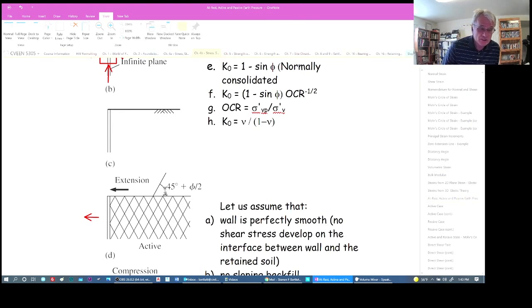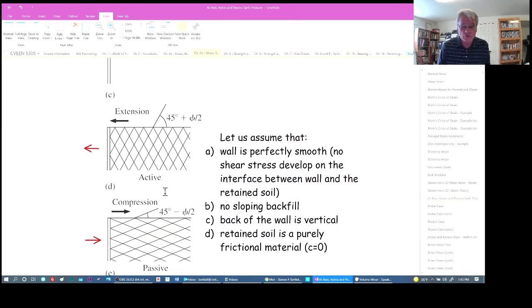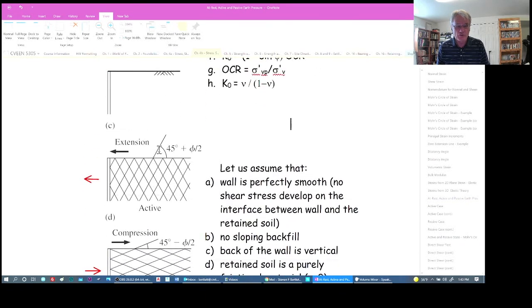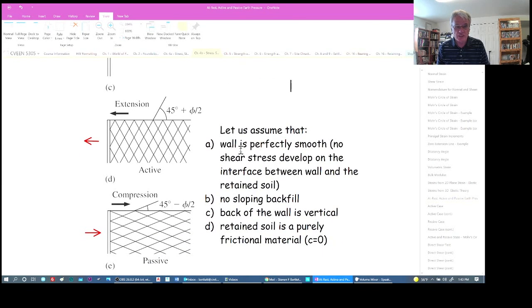This case is due to where there's really no dilation or contraction going on. We just move the wall away and this soil mass tries to reach failure. So we will use this concept in retaining wall design to predict the failure planes, and from that we'll use free body diagrams to determine the states of forces acting on the retaining wall.